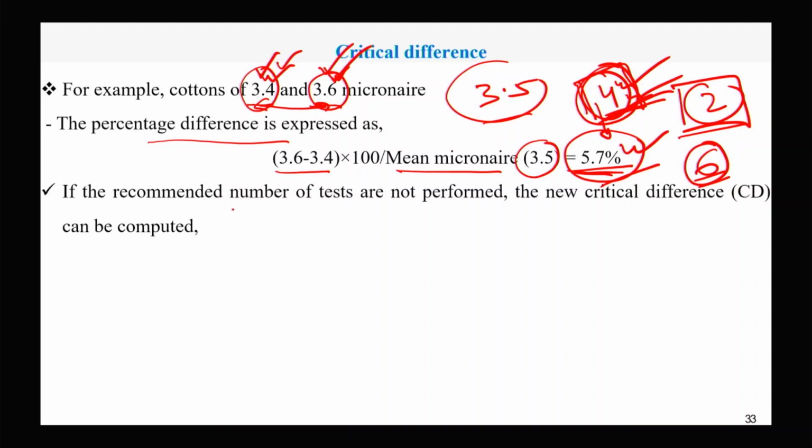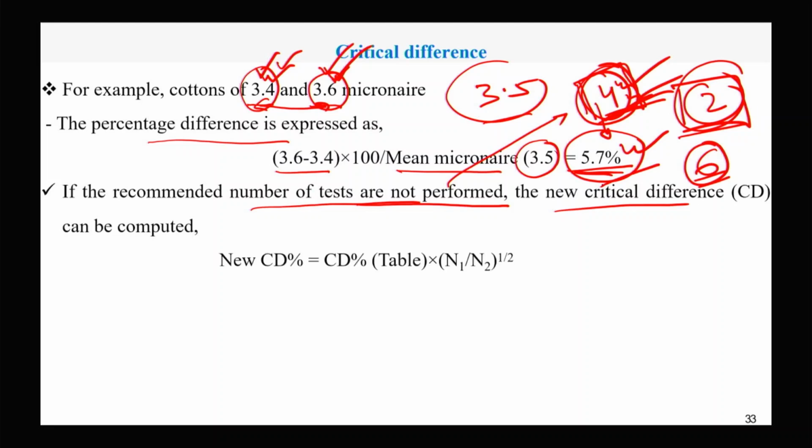If the recommended number of tests is not performed, so the number of tests was 4, but we have performed only 2 tests, how does the critical difference change? The new critical difference will be based on this. Earlier, as per the table, the critical difference is 6.